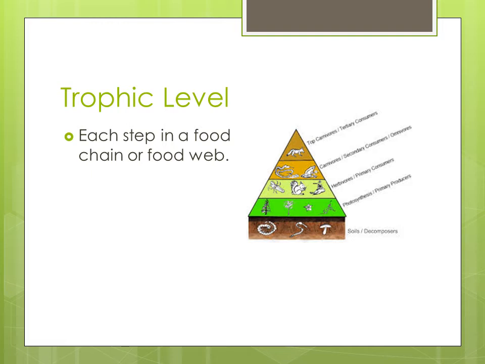Then for an herbivore, or primary consumer, to be eaten by a carnivore, or secondary consumer, that's another jump. For those secondary consumers, only 10% of what they eat of these herbivores actually becomes part of the new organism.